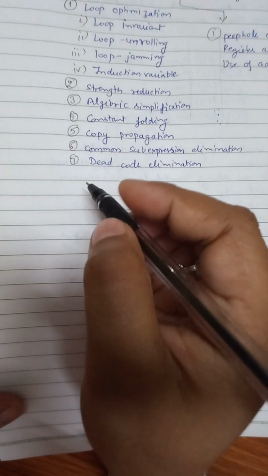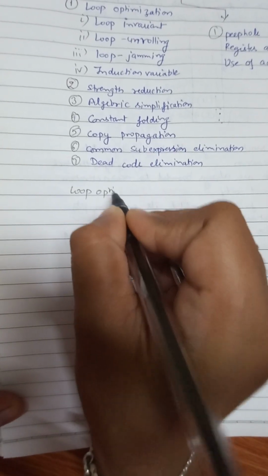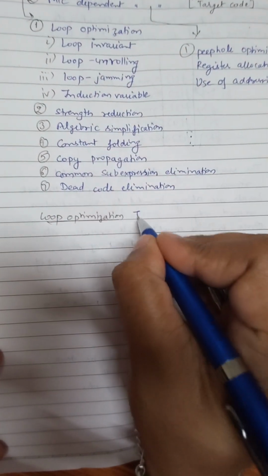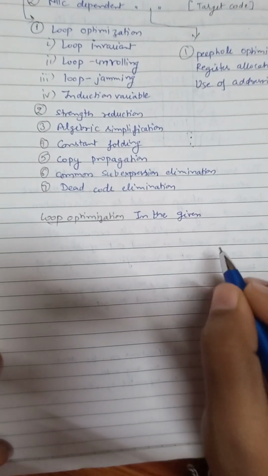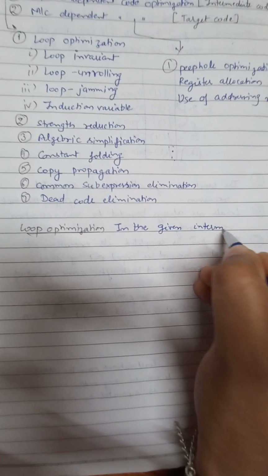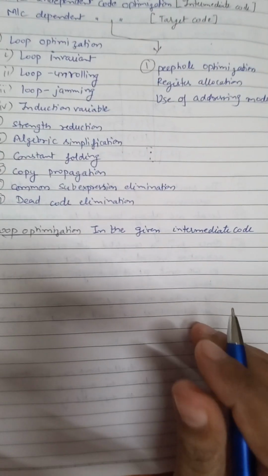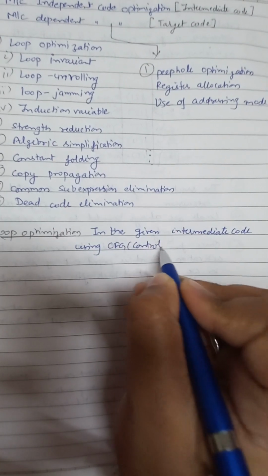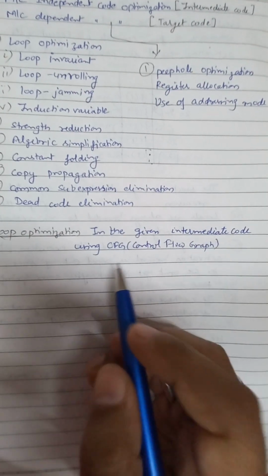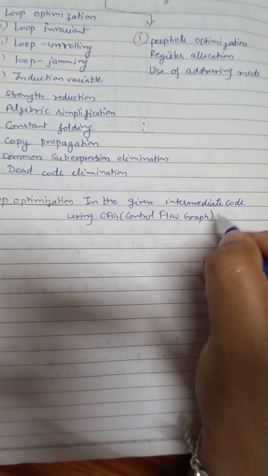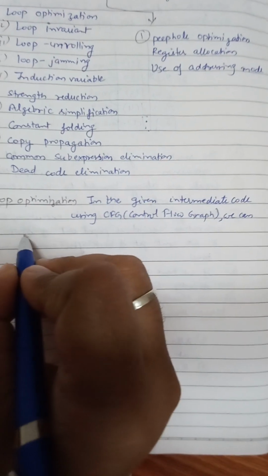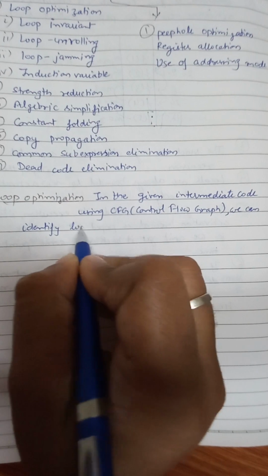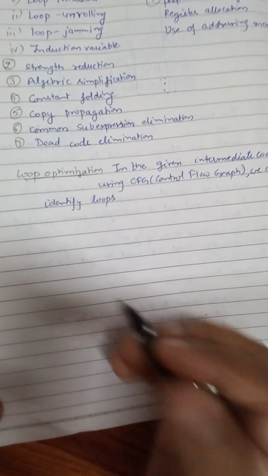Now coming to the first one, what is loop optimization? If in the given intermediate code we use a control flow graph, meaning CFG, then we can identify loops in it.